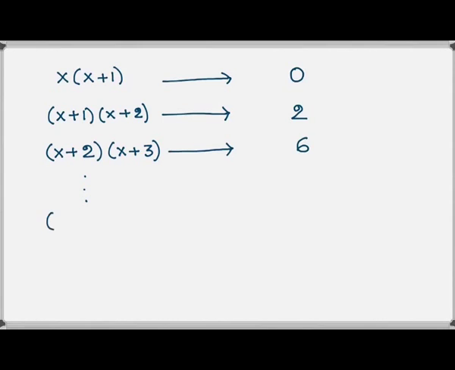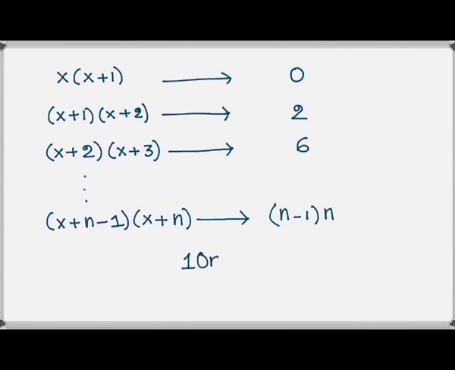Now the last summand is x plus n minus 1 into x plus n. From here we can see that this term contributes n minus 1 into n to the constant term, and also in the right hand side we have 10n.